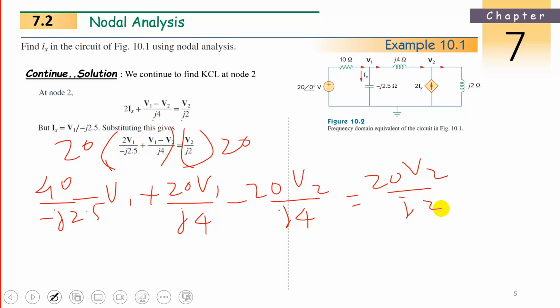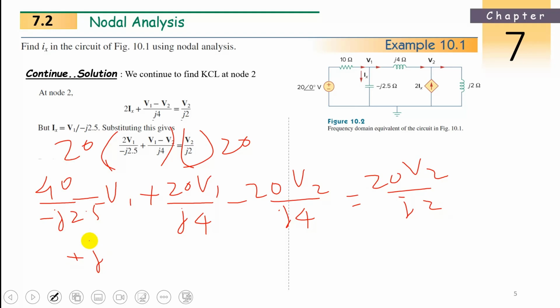Is 8, I think. No, 16. This is 16, and minus j, if you take it upside, multiply with j and j, so j square. J square is nothing but minus 1, so it becomes plus. So it is plus j.